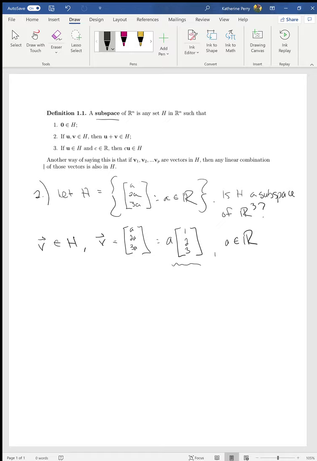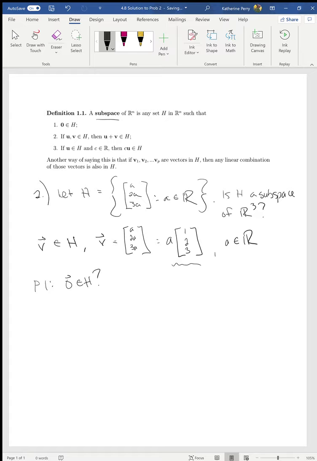If I want to do this argument, I just need to check each property in the definition. So for property 1, I need to show that 0 is in my subspace.